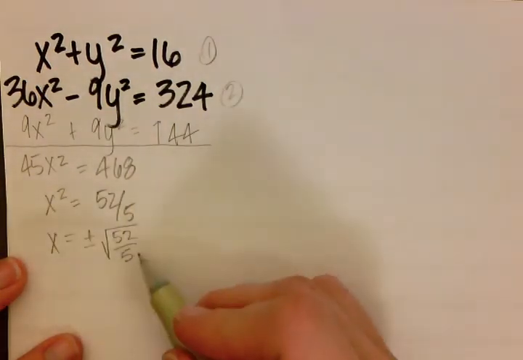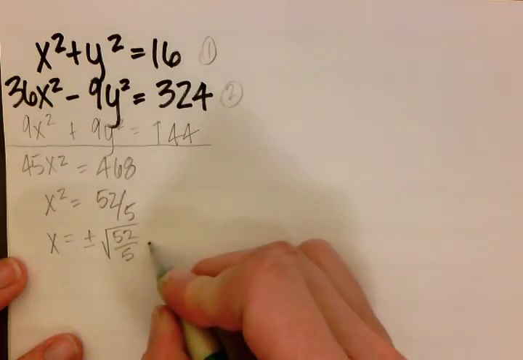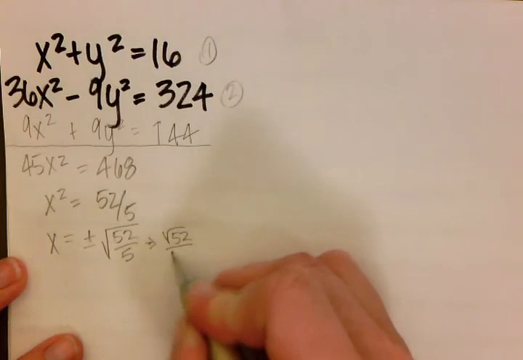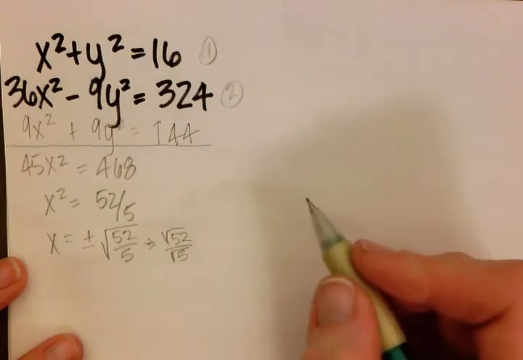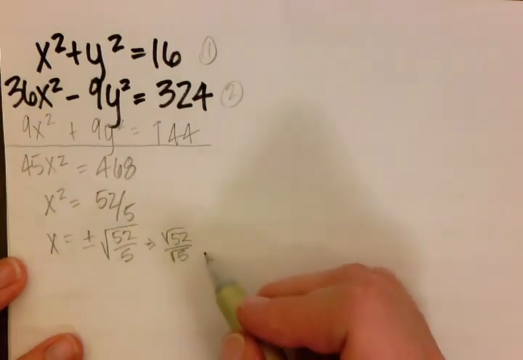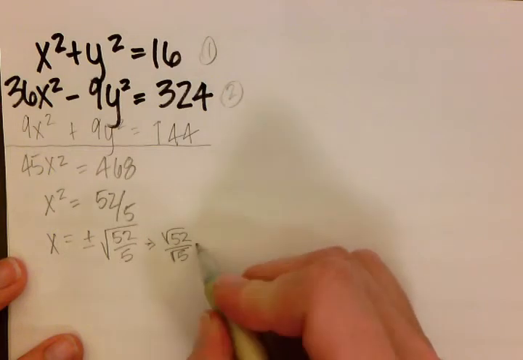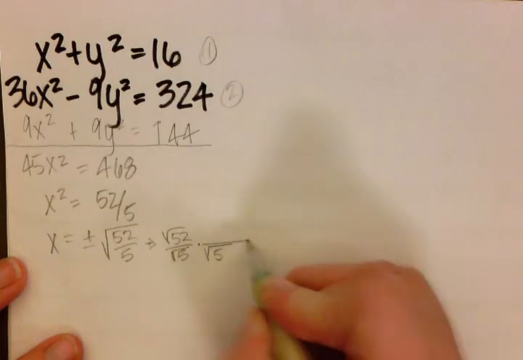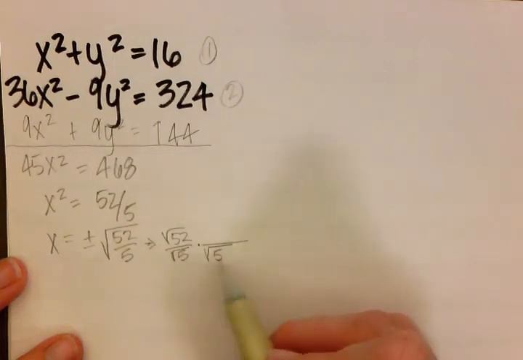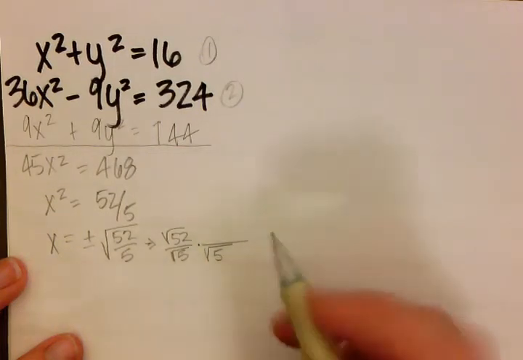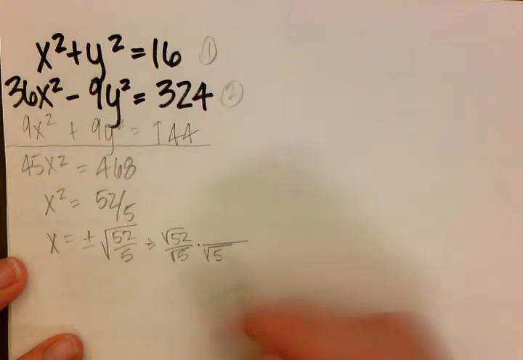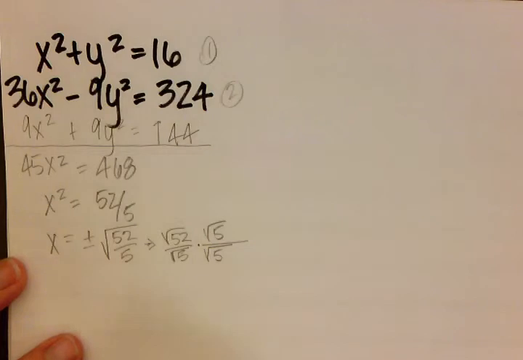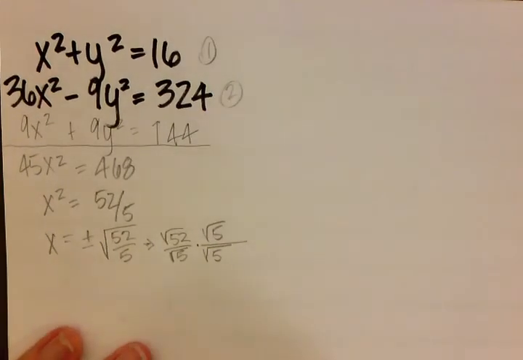Well, we can never have a square root in the denominator, because what this really is, is the square root of 52 over the square root of 5. So we have to find a way to eliminate the square root in the denominator, and the way we do that is we just multiply the denominator by itself. So now we have the square root of 5 times the square root of 5, but whatever we do to the denominator, we always have to do to the numerator, so we're also going to multiply the numerator by the square root of 5.